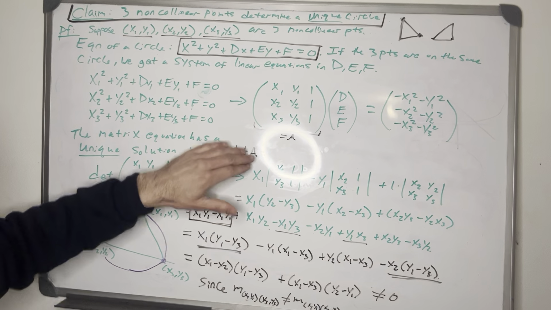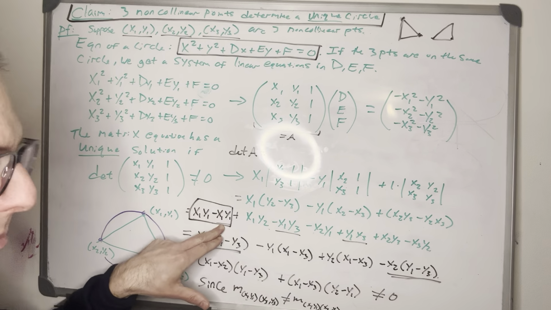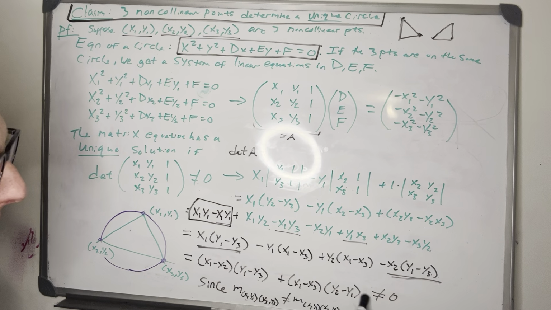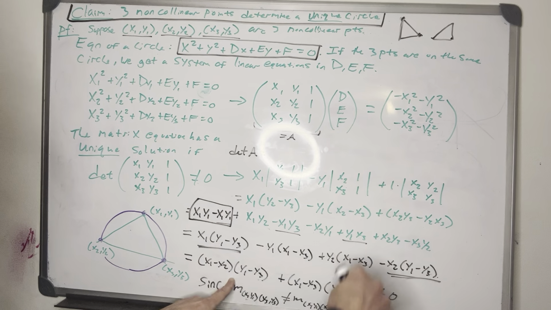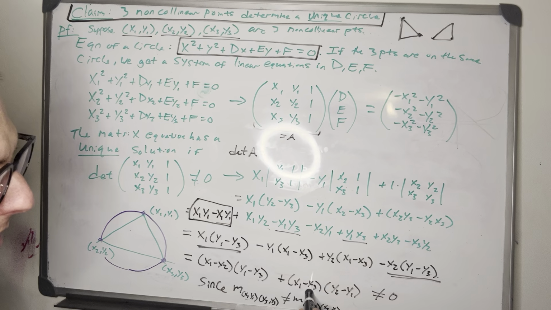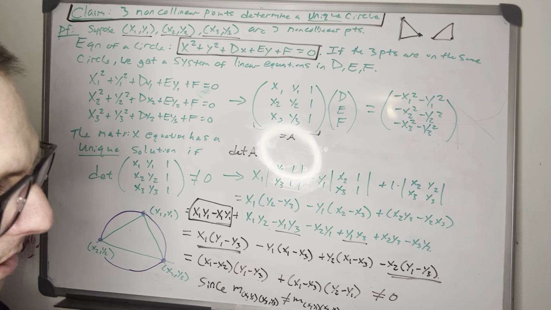Okay, so up to here, we just evaluated this determinant. We did this little algebra trick at the bottom here, and then we end up with this. So what to notice at the end here is that this is equivalent to, as long as the slopes are non-zero, or you're not dividing by zero, saying that the slope through x1, y1, x3, y3 is not the same thing as the slope through x1, y1, x2, y2.